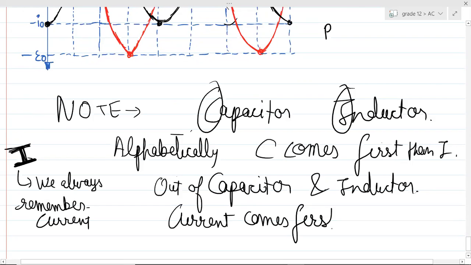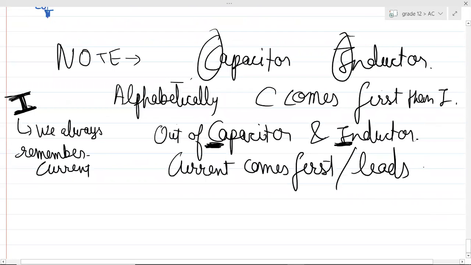Either current comes first or leads. Is this clear, guys? This is how I have remembered.